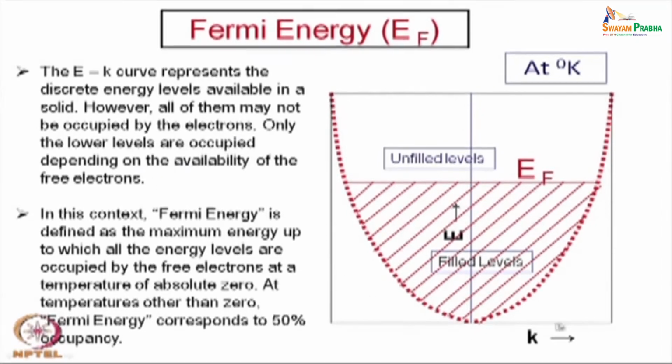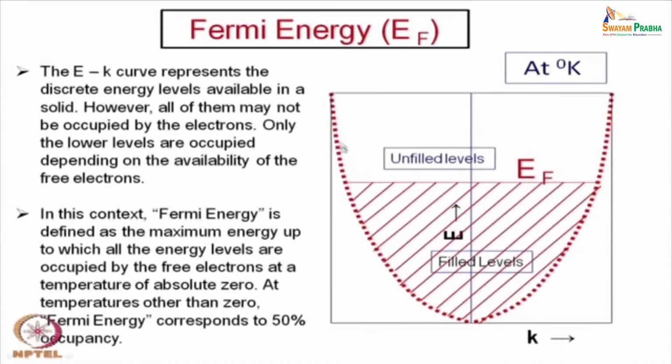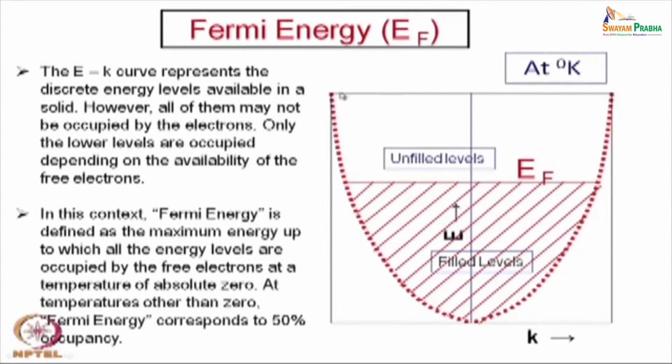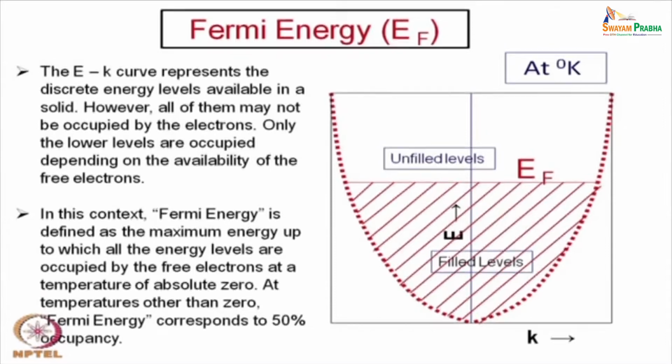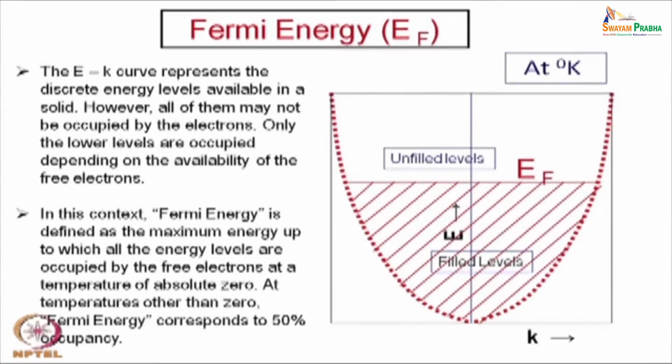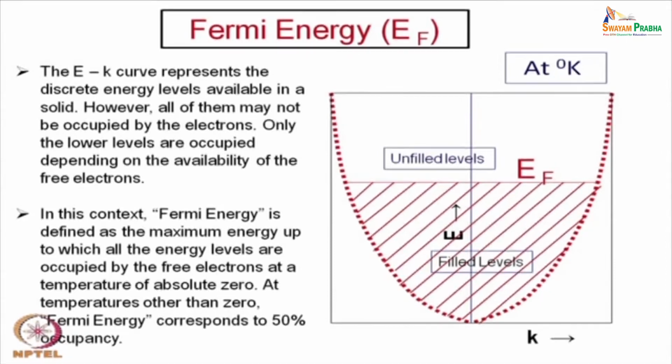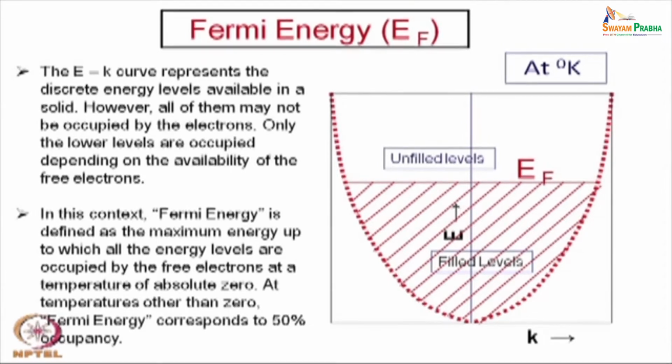So, in a solid, theoretically you can have many such energy levels, possible energy states, and all of them need not be occupied by the electrons. How many of them will be occupied depends on the total number of free electrons available in that system.